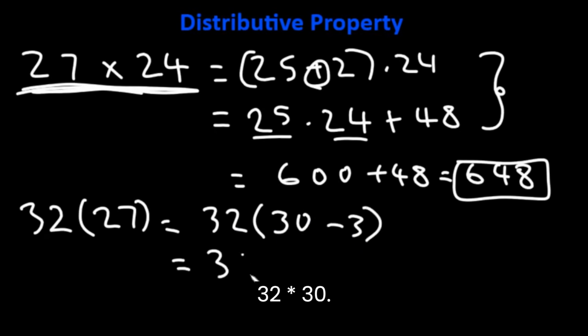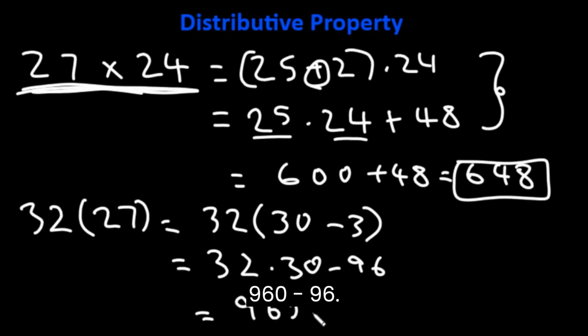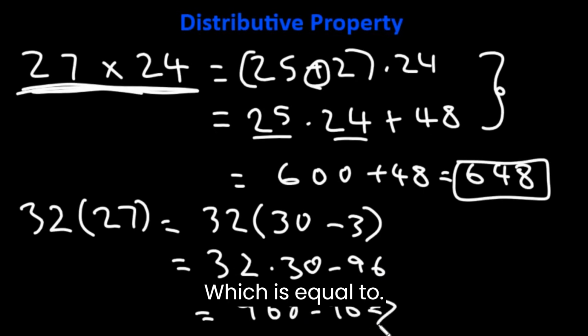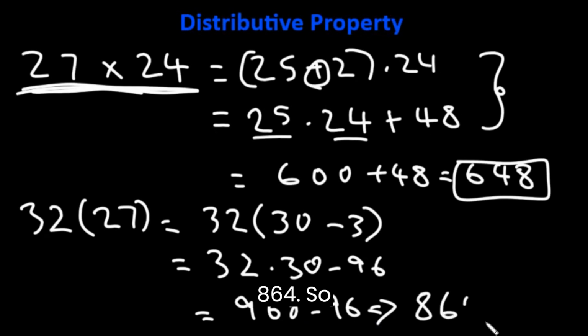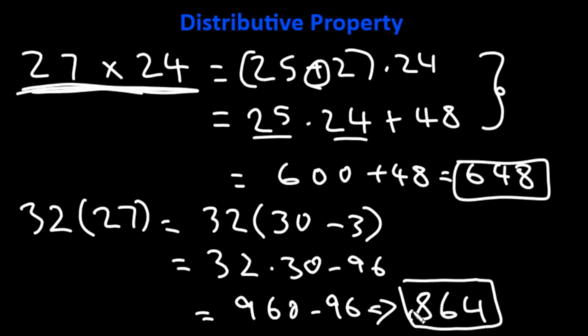This will be 32 times 30 minus 96, which is just 960 minus 96, which is equal to 864. So this is our final answer.